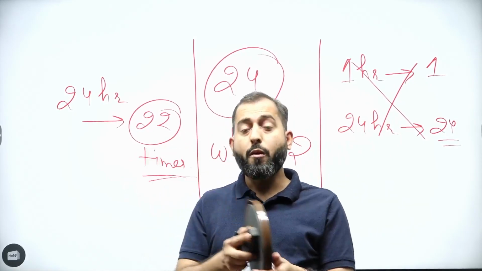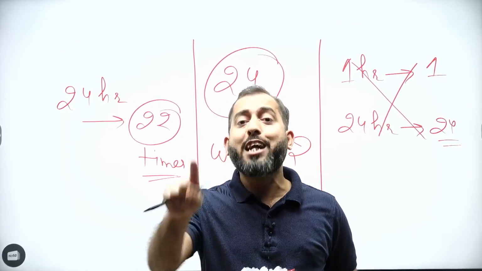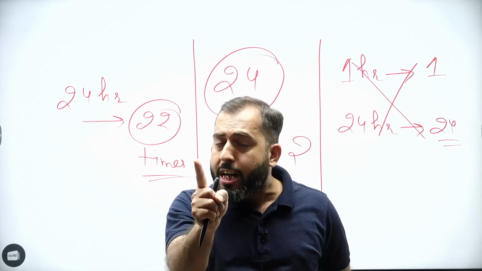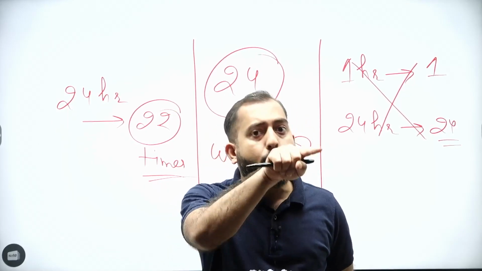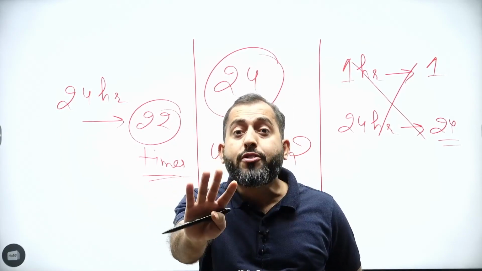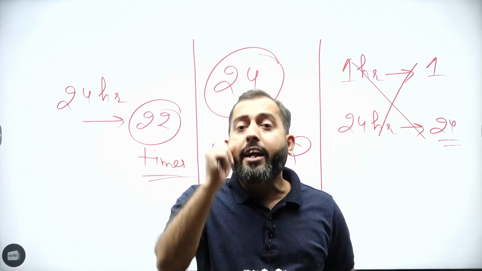So 1 till 2 was a duration of 1 hour, and hands were coinciding once. But any time between 11 and 12, hands are not coinciding at all. Any time between 12 and 1, hands are not coinciding at all.